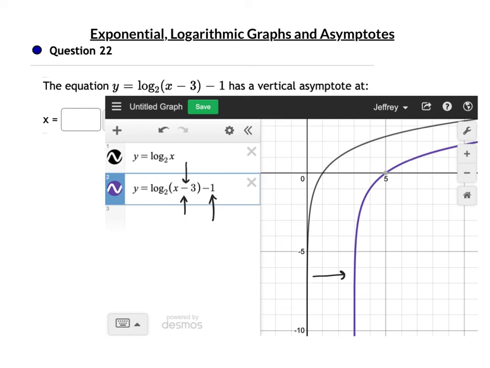The -1 moves everything down 1. That doesn't affect the asymptote. A vertical transformation does not affect the asymptote for the log, but a horizontal one does. What I've done is move everything 3 to the right, and the equation of that asymptote is not x equals 0 anymore, it's x equals 3.